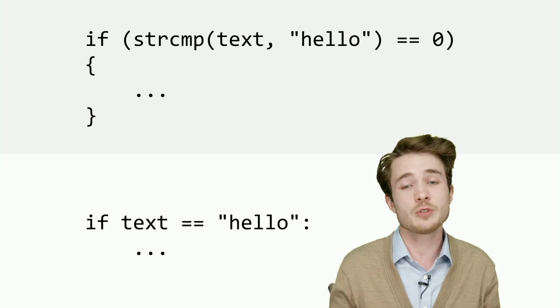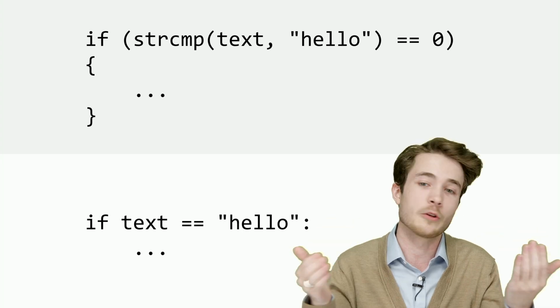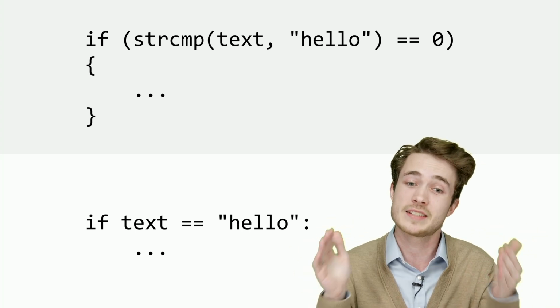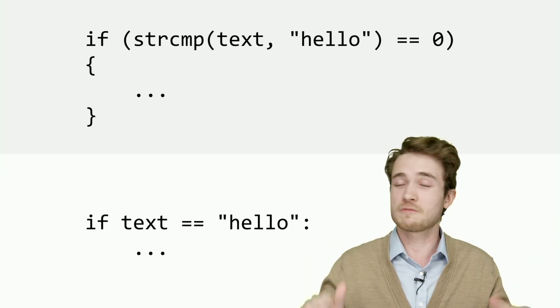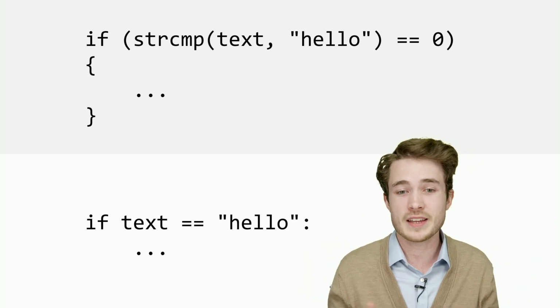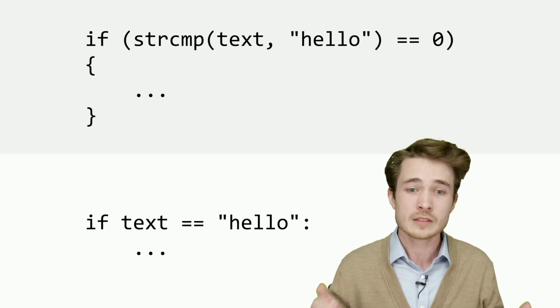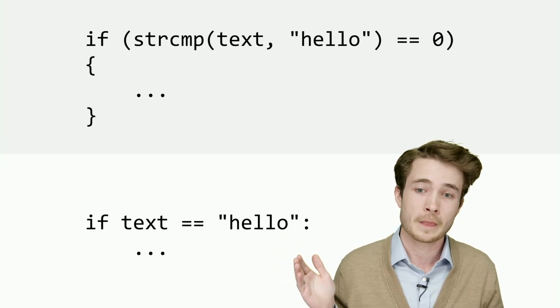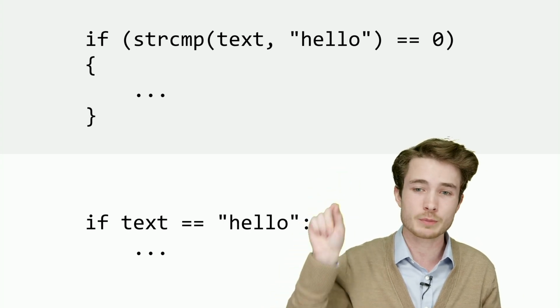We're saying, let's use strcmp to look at text and look at hello, and check the return value of that to see if it's 0, where 0 indicates that these are the same. Well, in Python, we don't have to do any of that. No special functions involved here. All we get to say is if text is equal to hello. If this text is hello, let's do something that's indented. And maybe you notice as well that in the top, in our if statement, we have to have these curly braces.